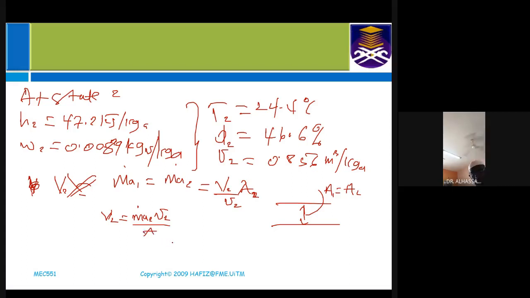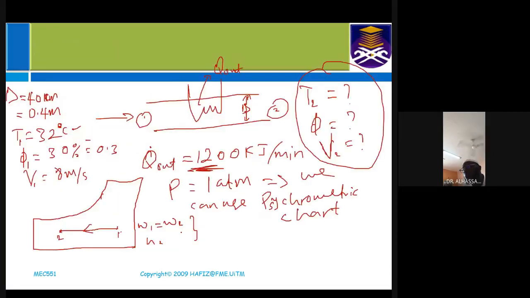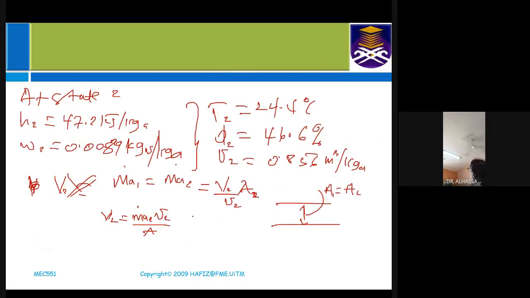If you calculate this carefully, we will have 0.856 times 18 divided by 0.877.